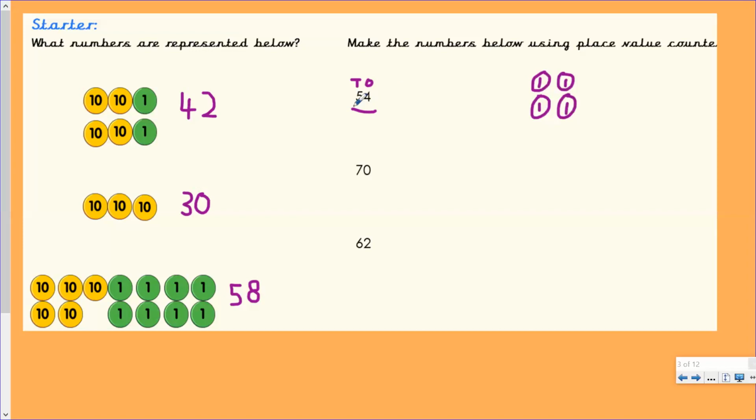And then how many tens do we have? 5. So I'm going to draw my 5 tens. 2, 3, 4, 5. And I need to make sure that I clarify that these are tens. So I'm going to write number 10 inside each.